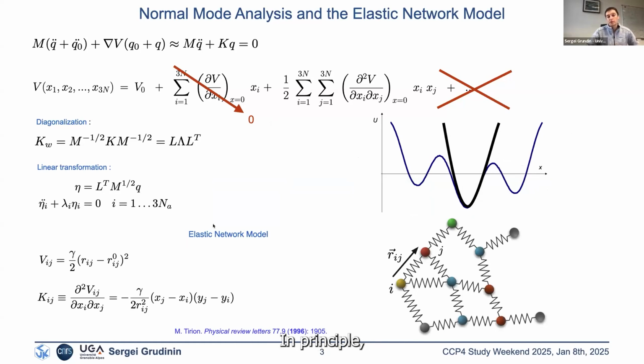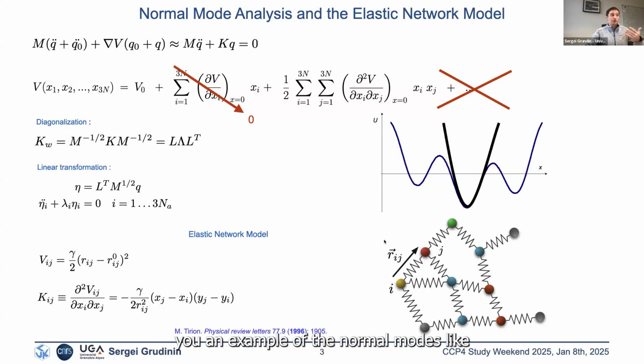In principle, all types of potential functions, all types of force fields can be plugged in, but currently we mostly use the elastic network model because it's very fast, very efficient, and there are very few or even zero adjustable parameters. The only adjustable parameter which is very often used is the cutoff distance within which the atoms or the residues or the beads are connected together.